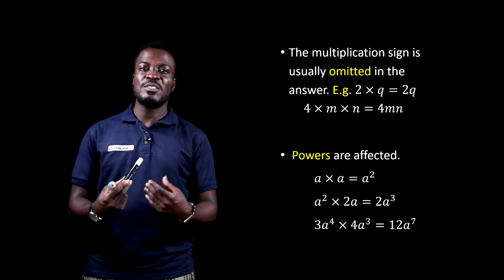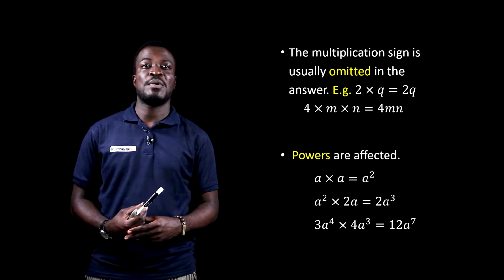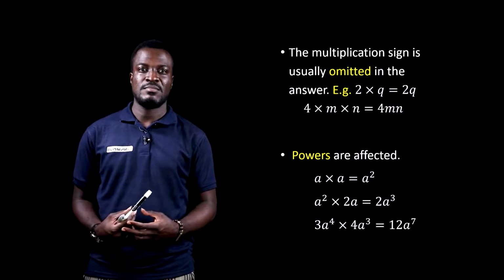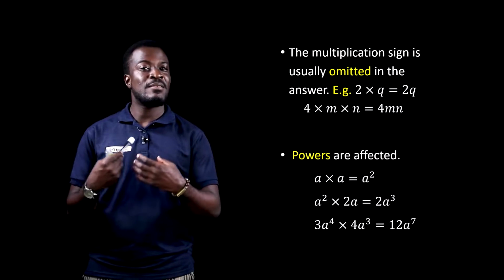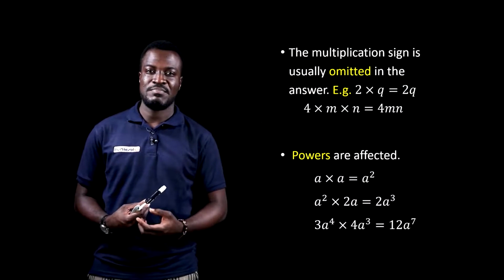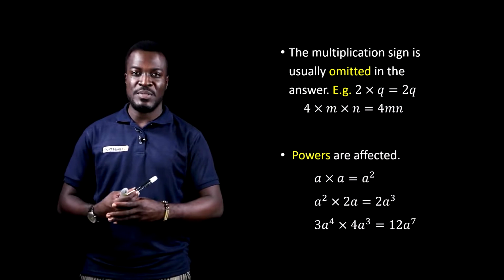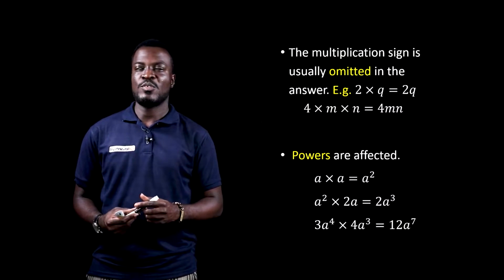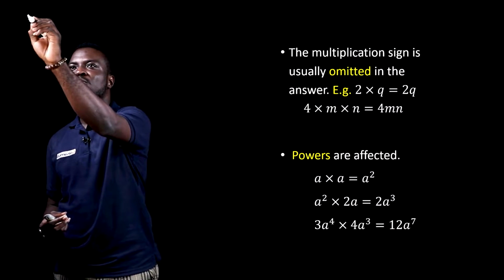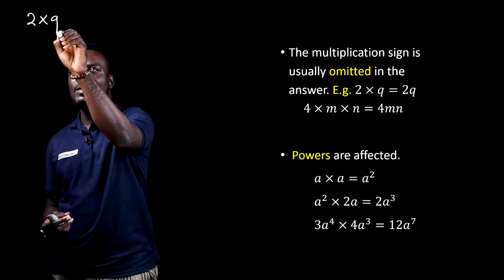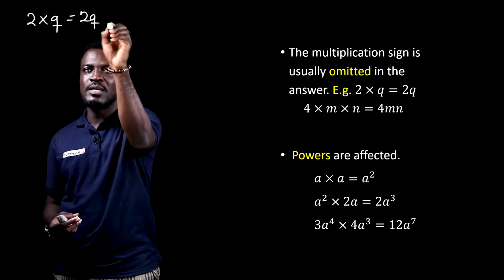Now, when we are multiplying algebraic expressions, or when you are multiplying variables and numbers, we omit the multiplication sign. So for example, the number 2 multiplied by Q will give us 2Q.